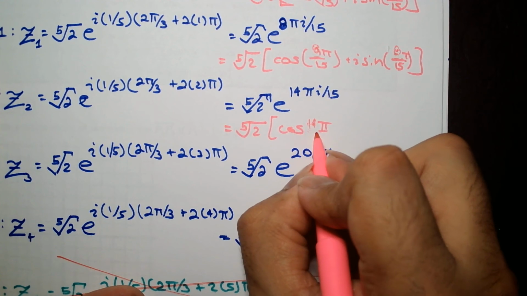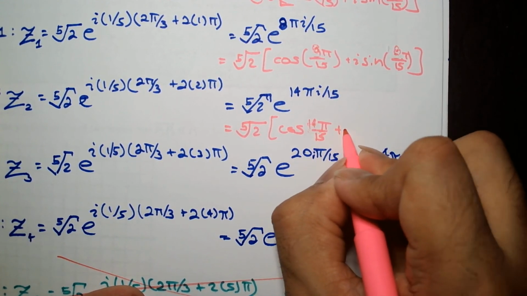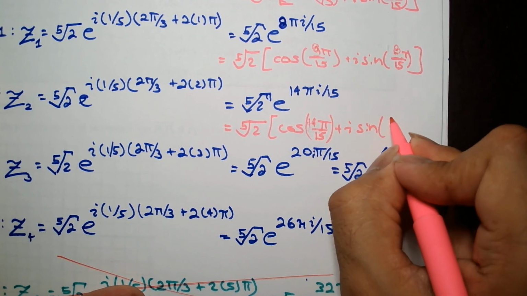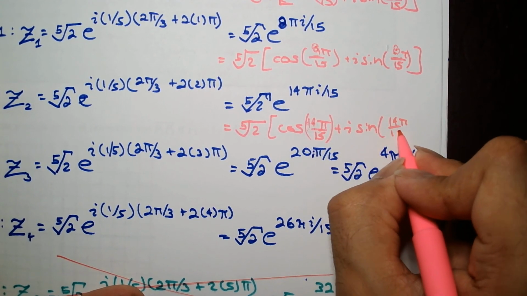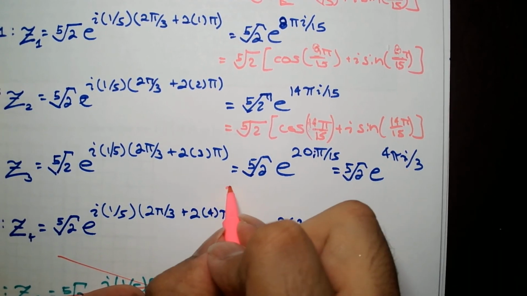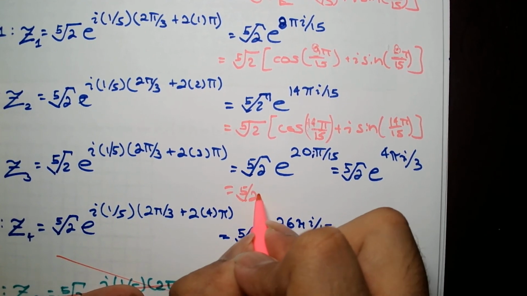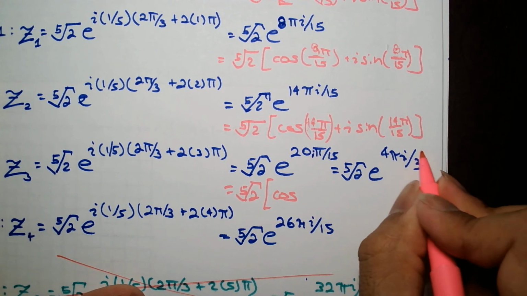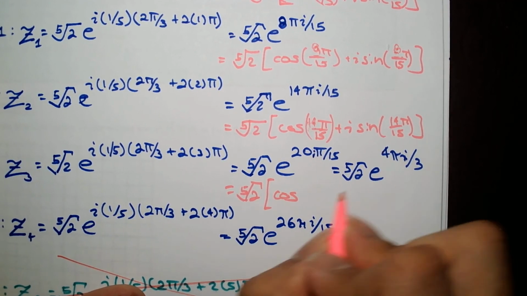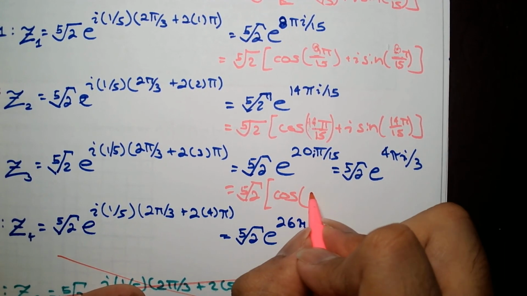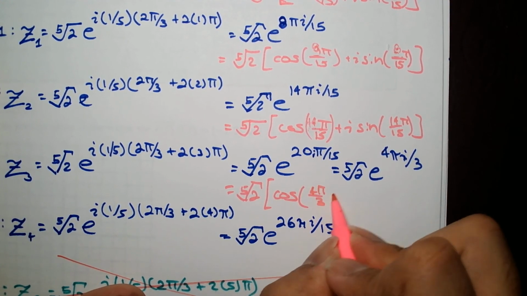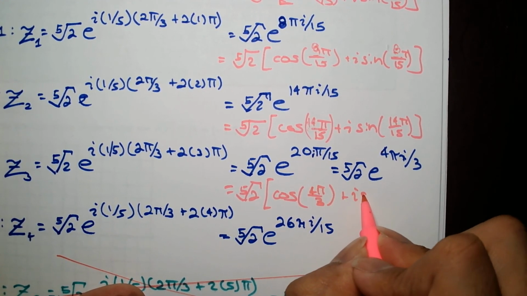14 pi over 15 plus i sine 14 pi over 15. Fifth root of 2 cosine, in this case 4 pi over 3 only, we don't include the i inside, plus i sine.